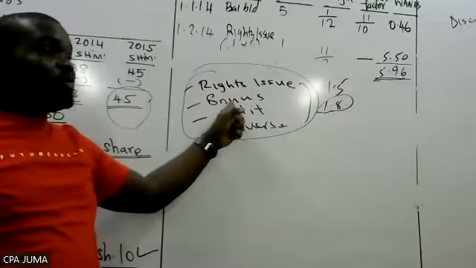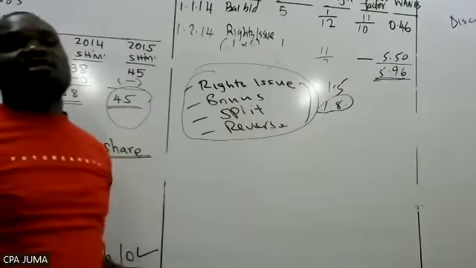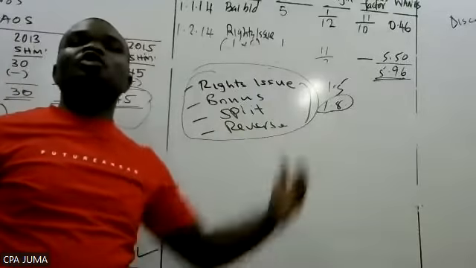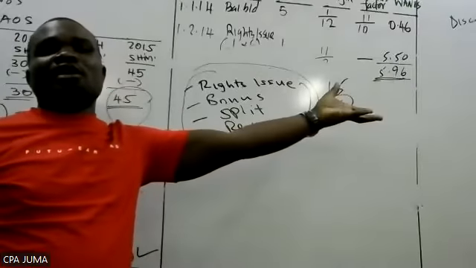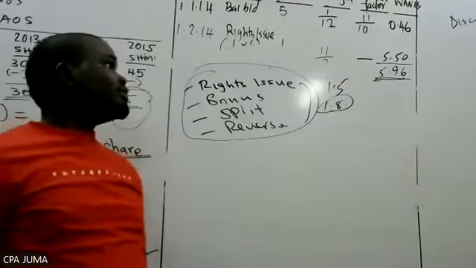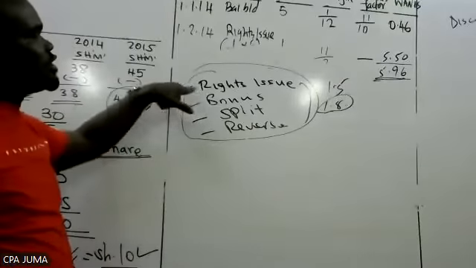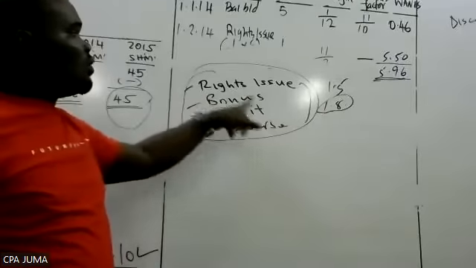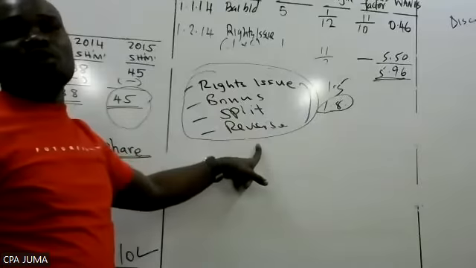You check bonus took place this year, yes. What if it took place last year? EPS ingekuwa ngapi? So that is what we call restatement. So you go and adjust the EPS for last year, assuming what happened this year will have taken place last year. So I want you to know how to restate when dealing with the rights issue, when dealing with bonus, when dealing with split, and when dealing with reverse.